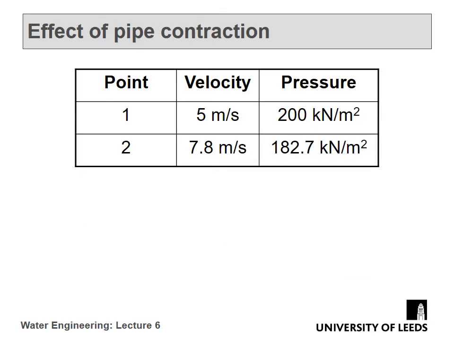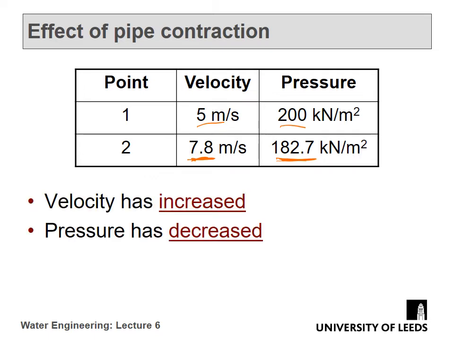Let's just examine our solution. At point 1 the velocity was 5 and the pressure 200. At point 2 it's gone narrower, so the velocity has increased, but it's been squashed down and the pressure has reduced. Velocity has increased, pressure has reduced.